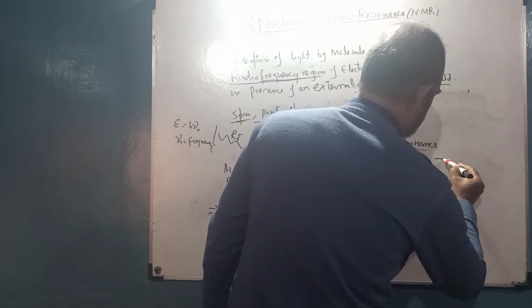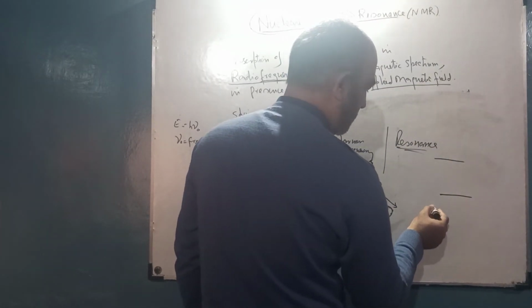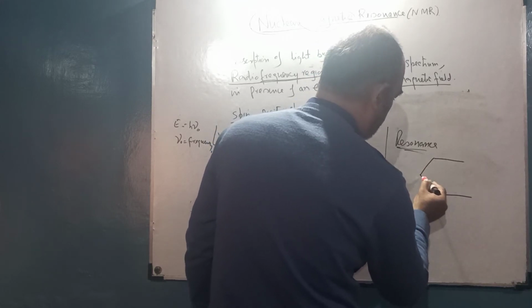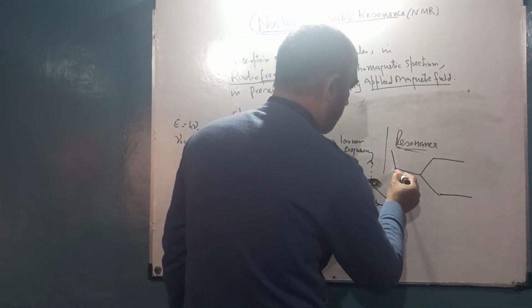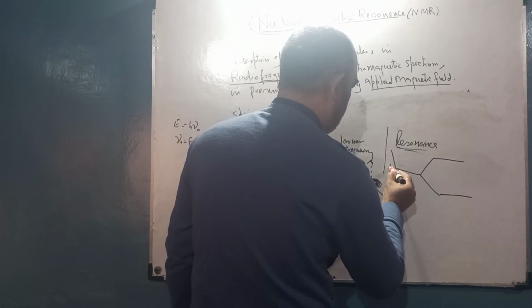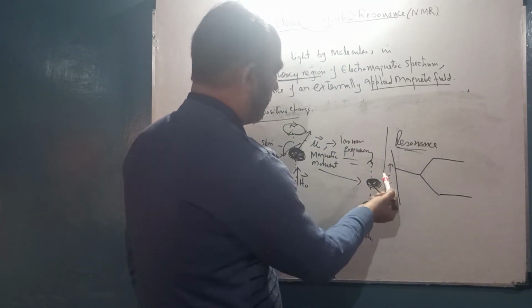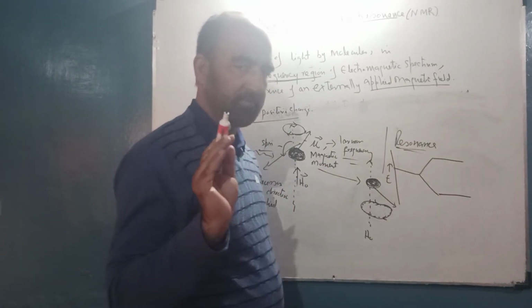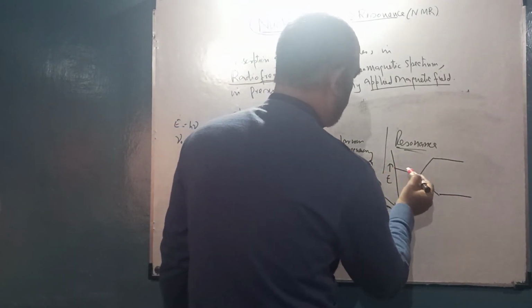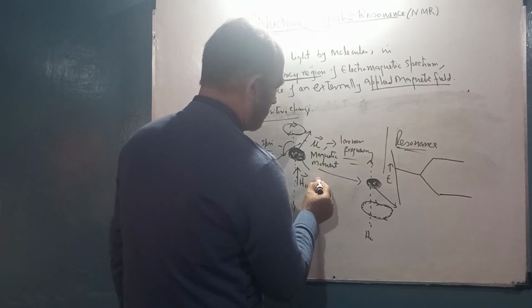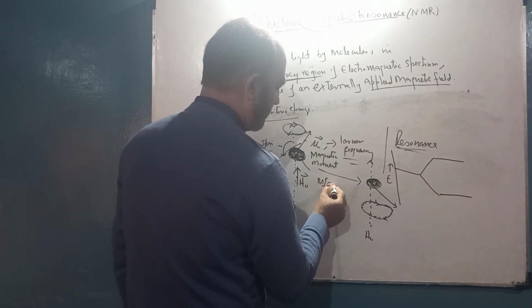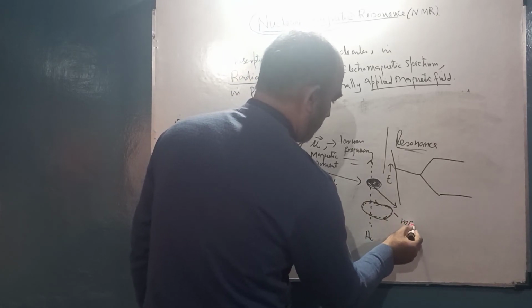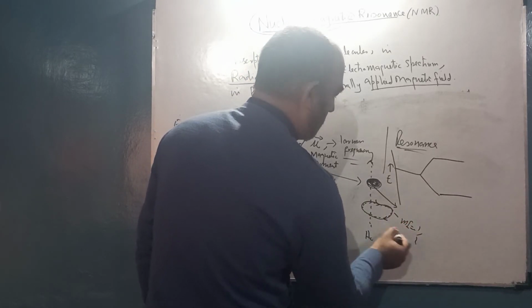We will talk at length about these energy level diagrams in the subsequent lectures. So this is an energy level diagram. Before applying the magnetic field, these two orientations can be of the same energy, and they are designated by their m_I value. Here the m_I value is plus 1/2, and in this case the m_I value is minus 1/2.